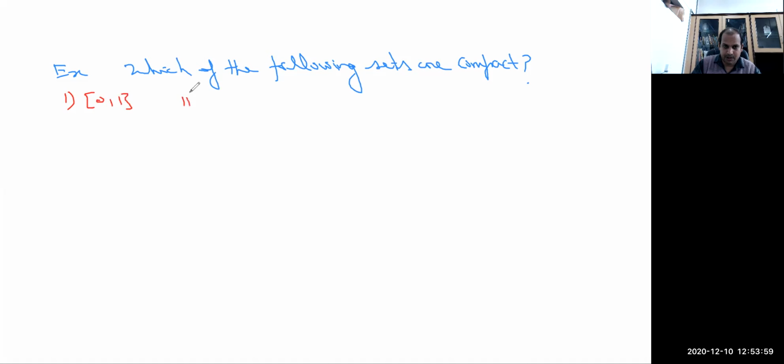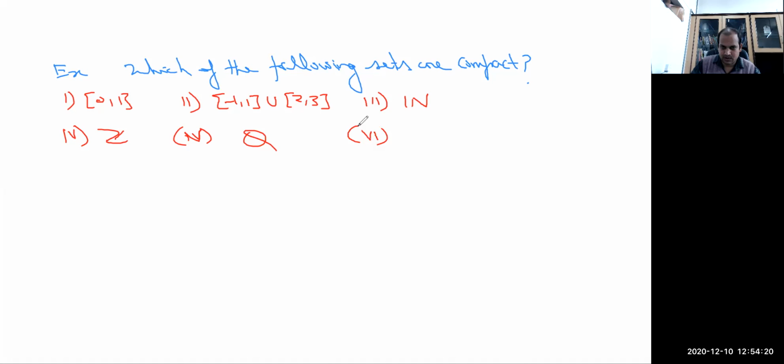Whether this set is compact or not. Second, closed interval -1 to 1 union 2 to 3. Third one, set of natural numbers. Fourth, set of integers. Fifth, set of rationals. Sixth, open at 0 and closed at 5. Seventh, closed at 2 and open at infinity.